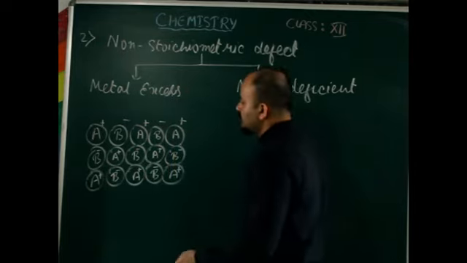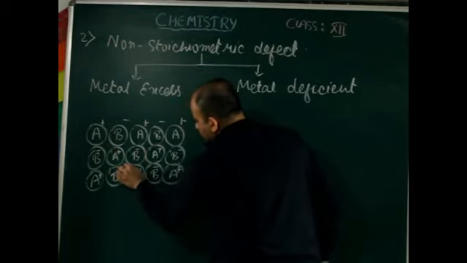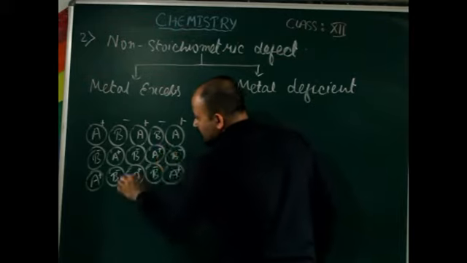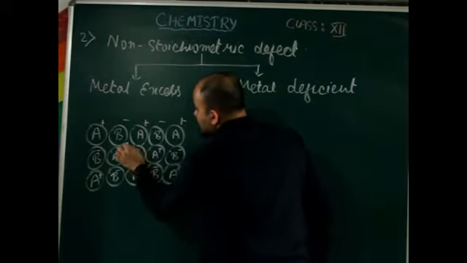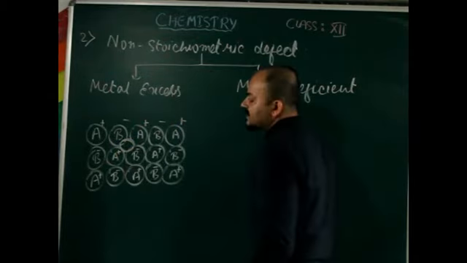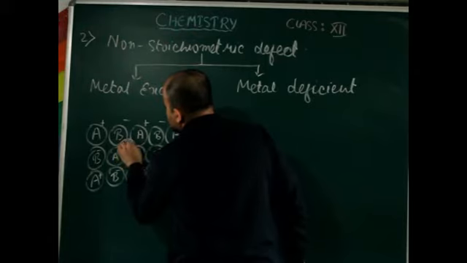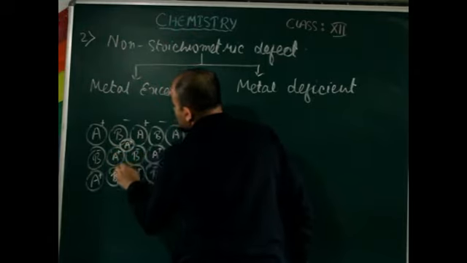So whenever I write this, here these are the interstitial positions. Yes or no? Now one of these interstitial sites can be occupied by, say, an extra cation, that is A positive. This site is now occupied by A positive.